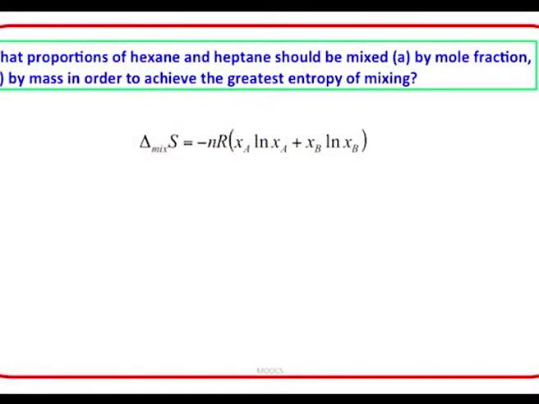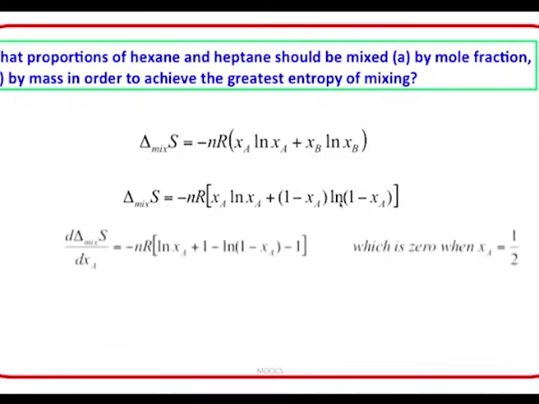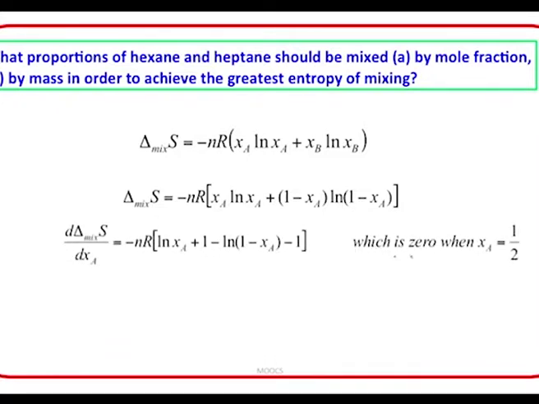The entropy of mixing, as I discussed, is given by delta S mixing equals minus NR, XA log XA, and so on. Instead of XB, I wrote 1 minus XA to take the first derivative, which is equal to 0 when XA is equal to 1 by 2. We will substitute XA equal to 1 by 2 into this equation and get an answer.